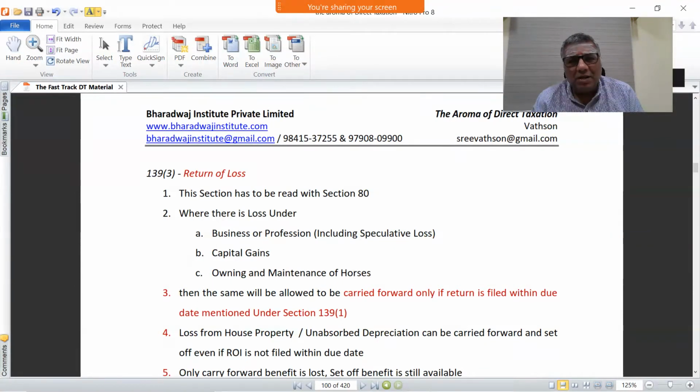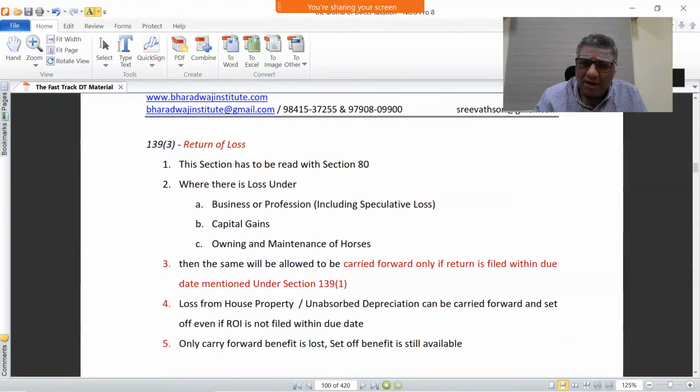If you have unabsorbed depreciation, you can carry it forward. Where there is loss under business or profession, capital gains, owning and maintenance of racehorse, then it is allowed to be carried forward only if returns are filed within the due date.